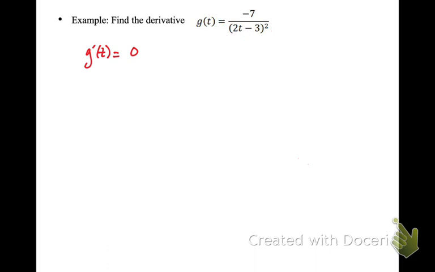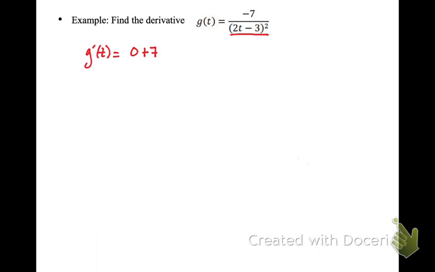Okay, minus the numerator times the derivative of the denominator. So minus a negative 7, so plus 7. But it's only plus because it's minus a negative, right? Now we need the derivative of the denominator. That's going to be chain.